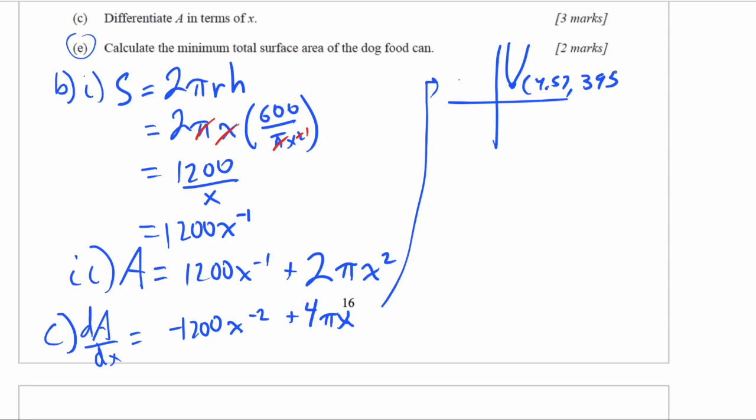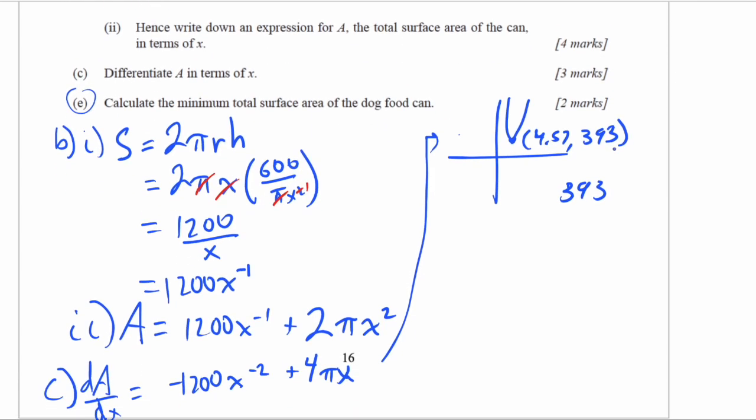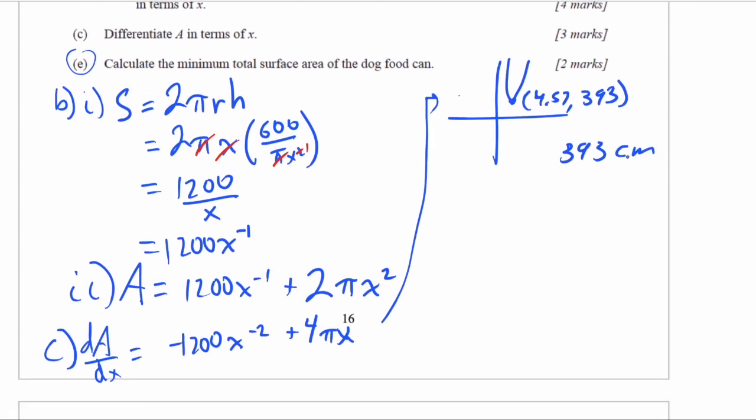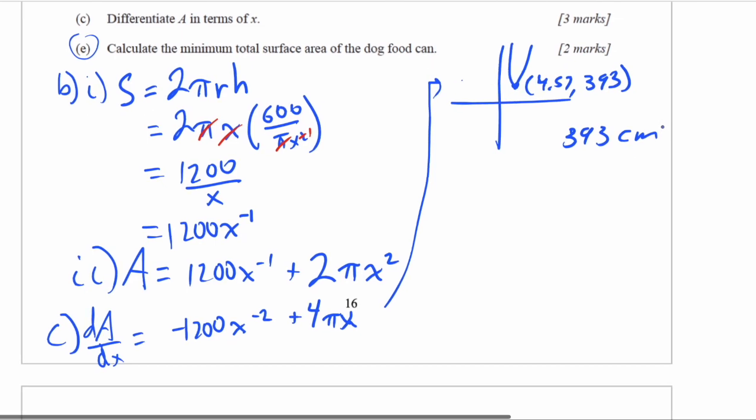So when the radius is 4.57, we have a minimum surface area of 393. So the answer is 393 centimeters. It's a surface area, so centimeters squared.